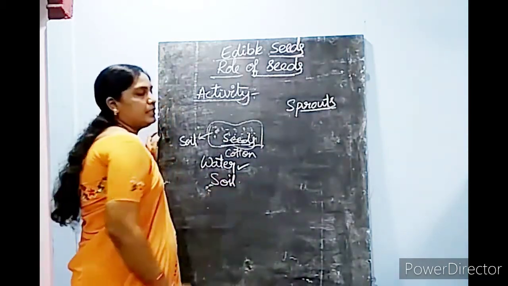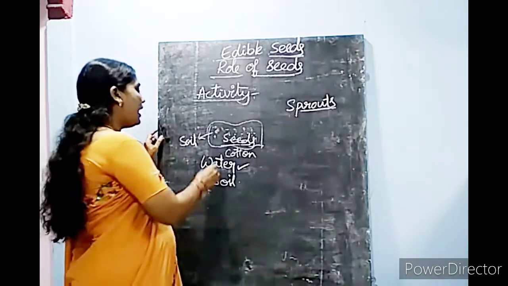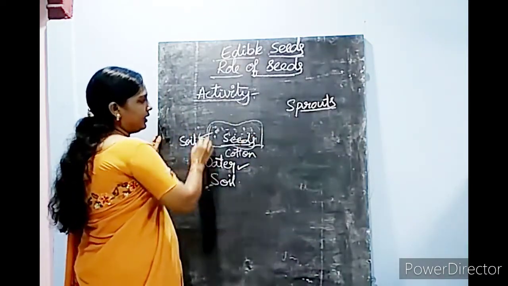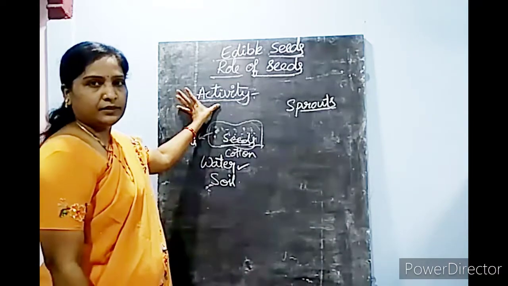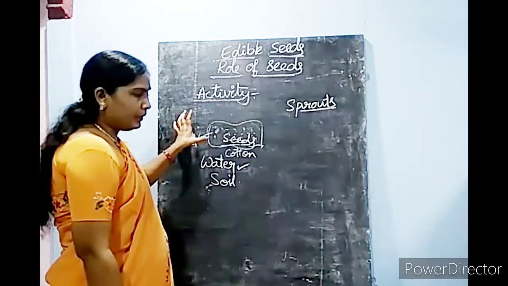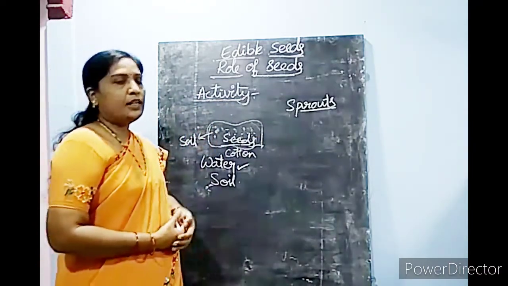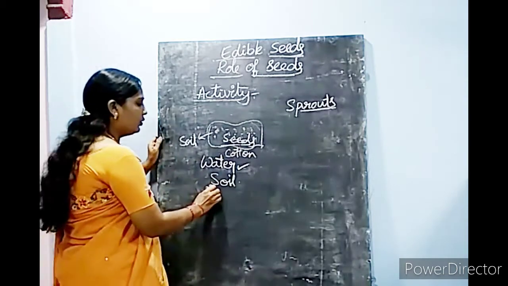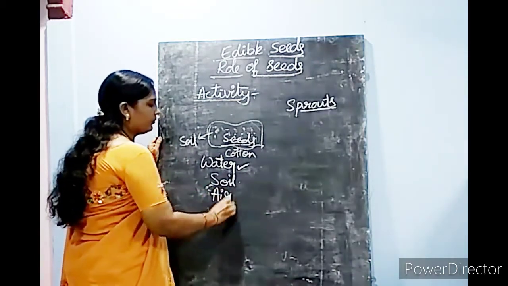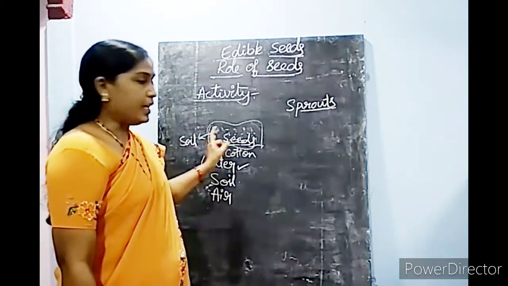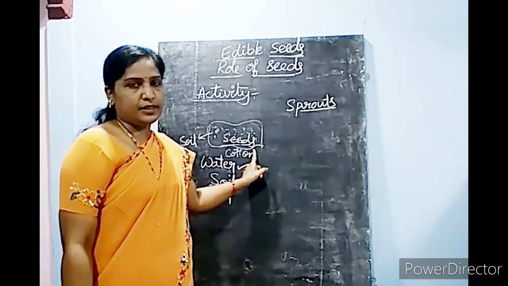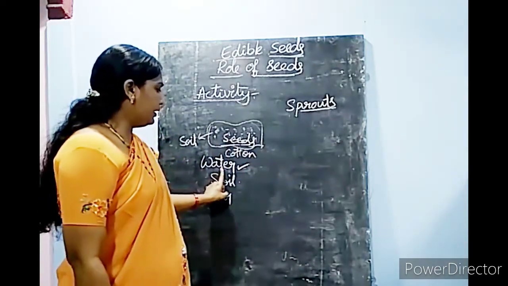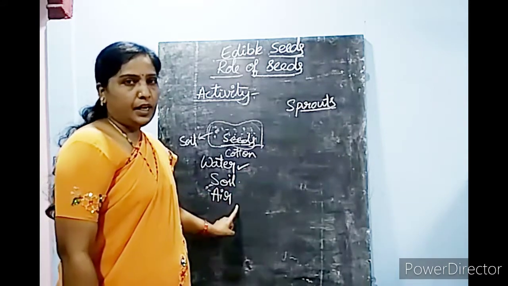So you are supplying soil to the seeds. And you kept this apparatus fully outside. This activity setup you arranged completely outside. That means you are also giving air. You are allowing air to pass through these seeds. So you are giving water, soil, air.